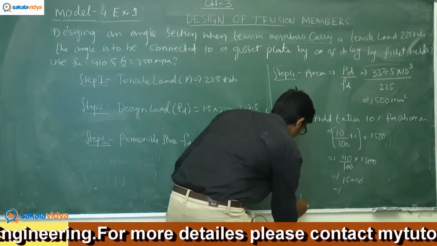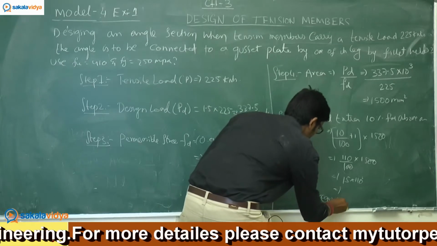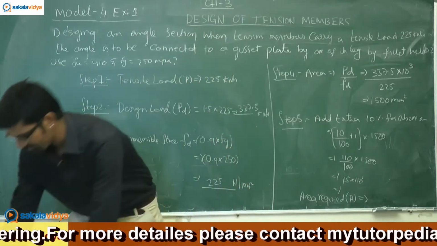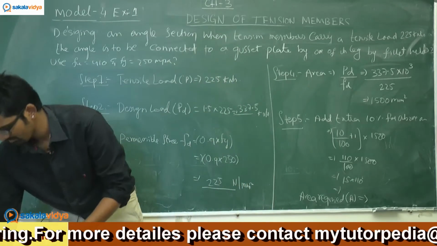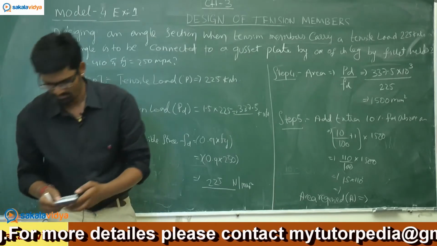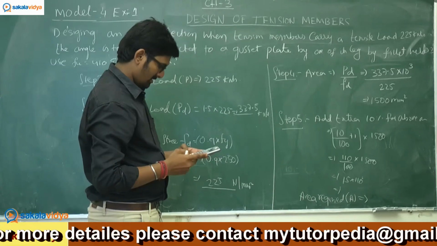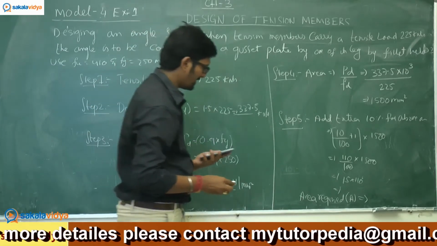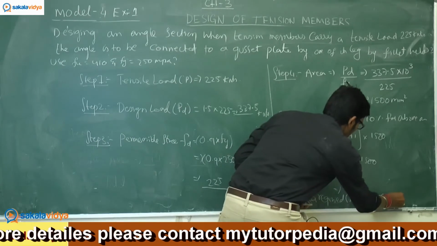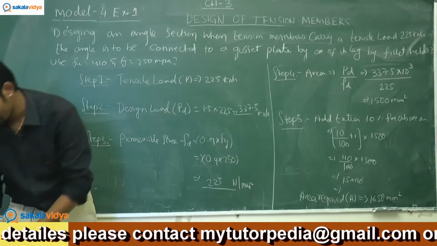So the area required is 1650 mm square after adding 10% extra area to the obtained area.